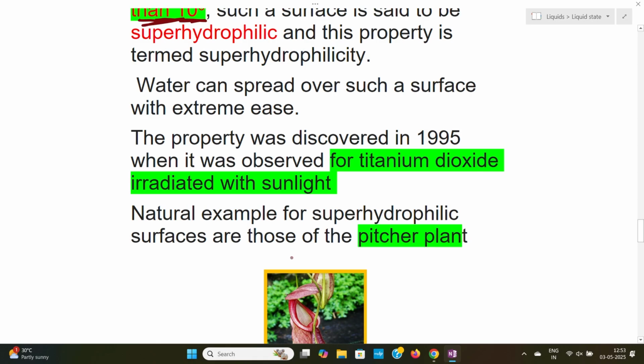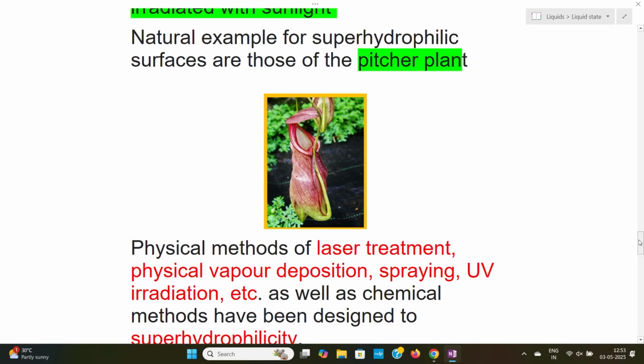This superhydrophilicity property was discovered in 1995, when it was first observed in titanium dioxide irradiated in sunlight. We have a natural example of superhydrophilic surfaces, that is the pitcher plant.